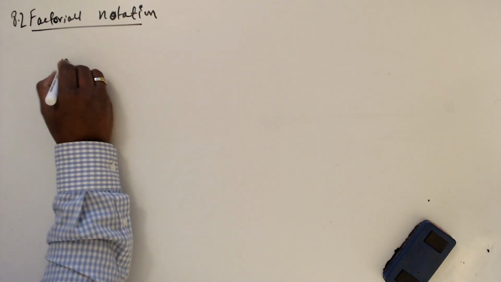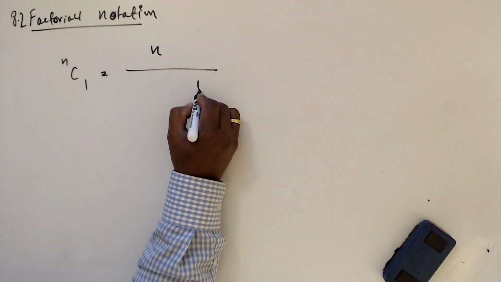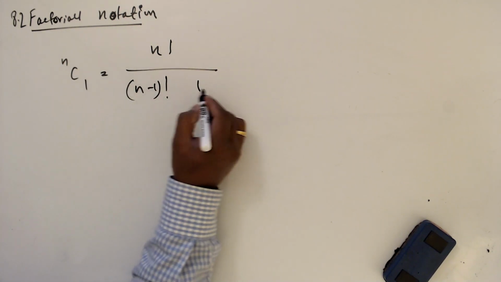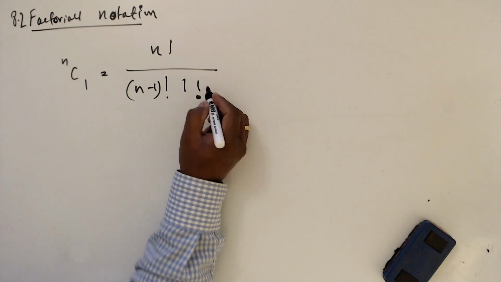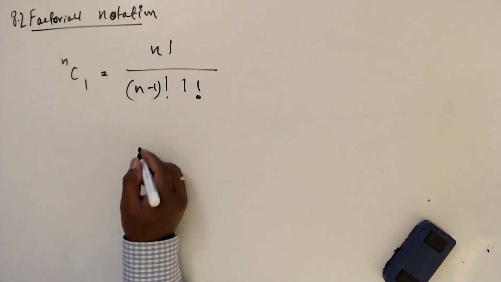Assume we need nC1. This is going to be n factorial over 1 factorial times the difference, n minus 1 whole factorial. Now how do we simplify this one?